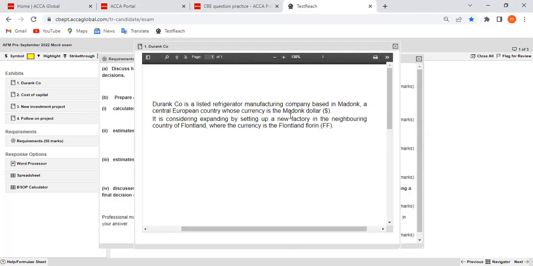So from the scenario, it seems that this question also relates to international investment appraisal, because the examiner requires that your home currency is the M dollar and you are going to have a subsidiary in F, where the currency is the F florin.